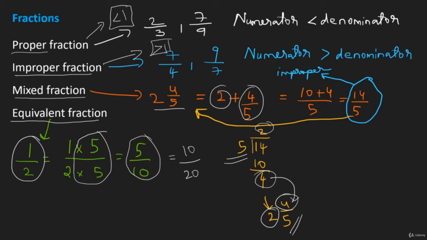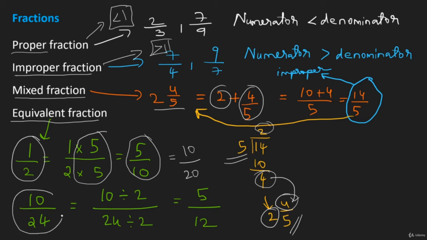Say you have 10 by 24. Let's divide the numerator and denominator with 2 and I get 5 by 12. Now 10 by 24 and 5 by 12 are the same value. So to get an equivalent fraction, I either multiply or divide both the numerator and denominator with the same number.